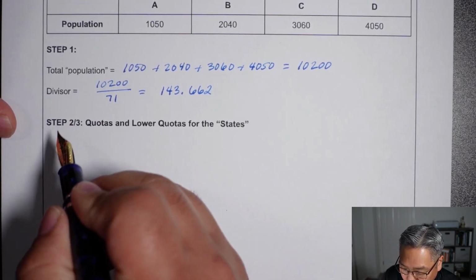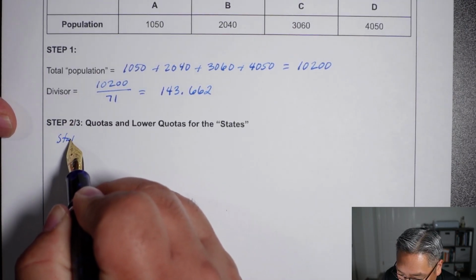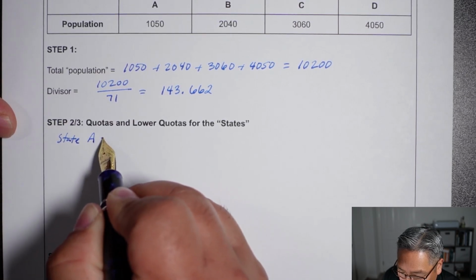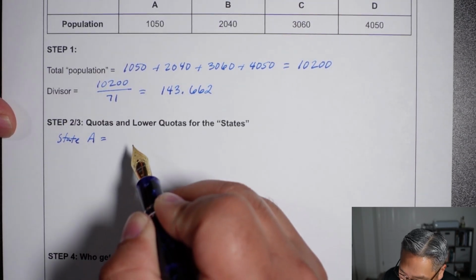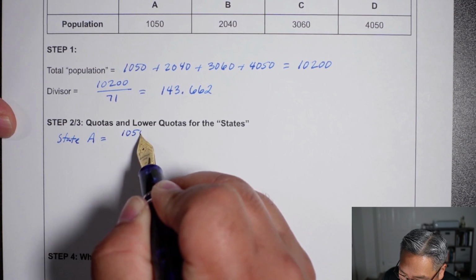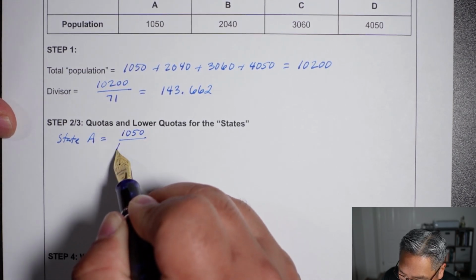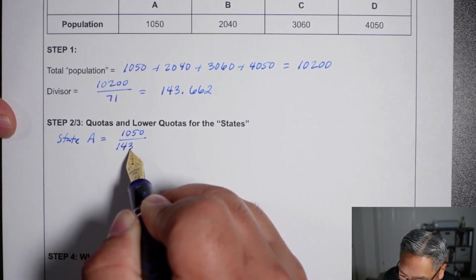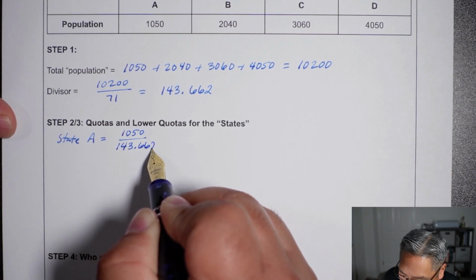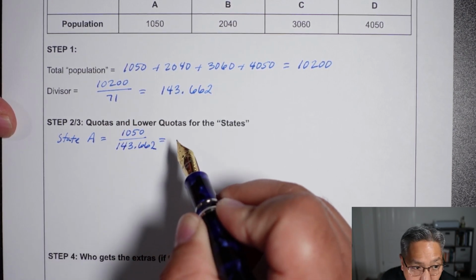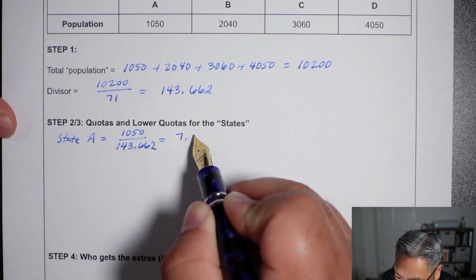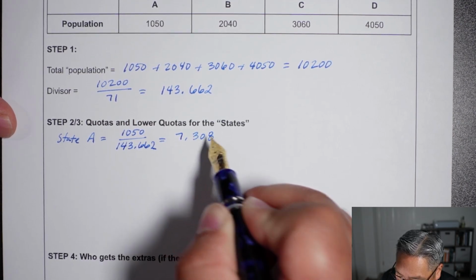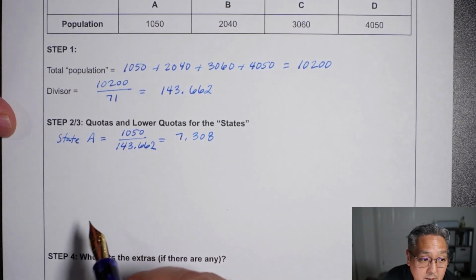So we'll do first state A. We're going to take the population of state A, 1,050, divided by 143.662, which is going to give me 7.308. So again, I'm just writing out my three decimals here.